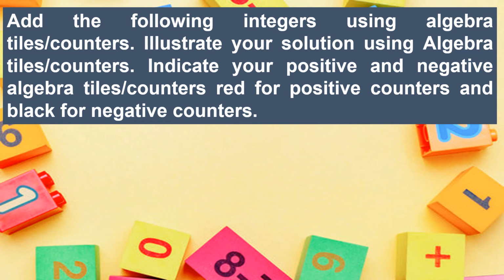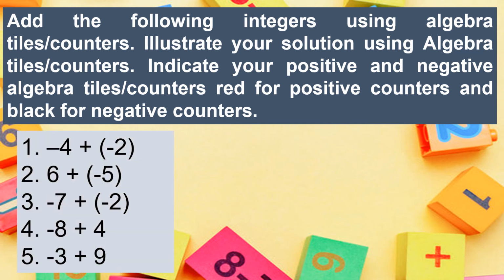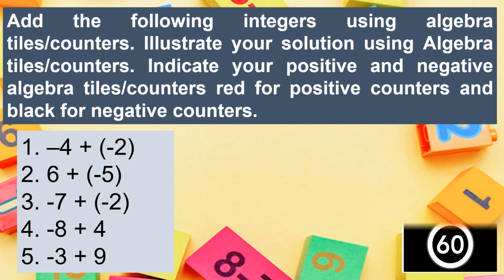Red for positive counters and black for negative counters. Okay, number 1, negative 4 plus negative 2. Number 2, 6 plus negative 5. Number 3, negative 7 plus negative 2. Number 4, negative 8 plus 4. Number 5, negative 3 plus 9. Again, 1 minute to answer this problem. Okay, begin.